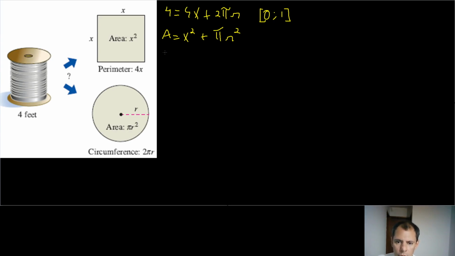So what we have to do is to have just one independent variable for the area, and derive this area with respect to this independent variable, to make it 0. And then you also have to test the endpoints.